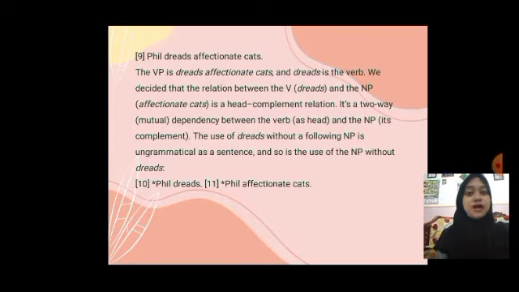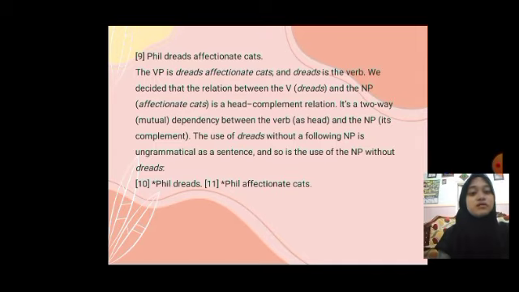Example number 9: Bill treats affectionate cats. The verb phrase is treats affectionate cats and treats is the verb. We describe that the relation between the verb treats and the noun phrase affectionate cats is a head-complement relation.